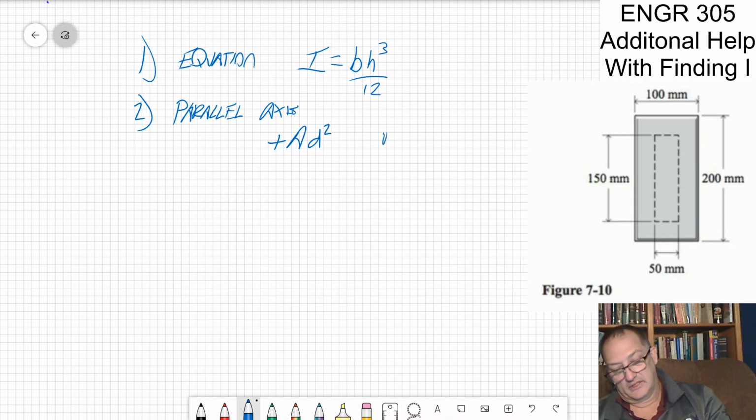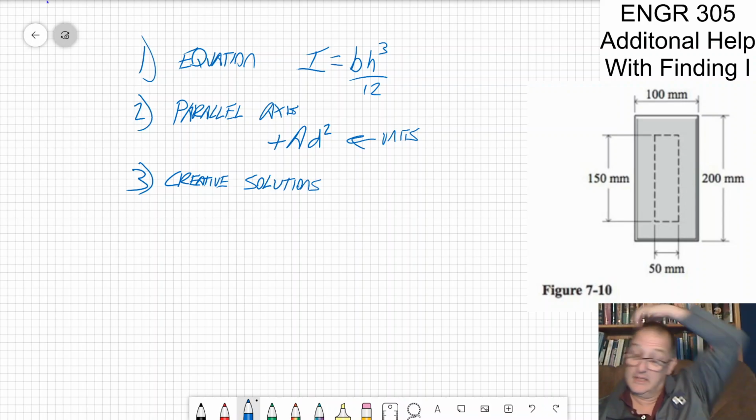Look at the units. The units match up. It's going to be in units of length to the fourth. And then I want to talk about creative solutions. What do we do in certain situations? How do we solve the problem? How do we think about it?